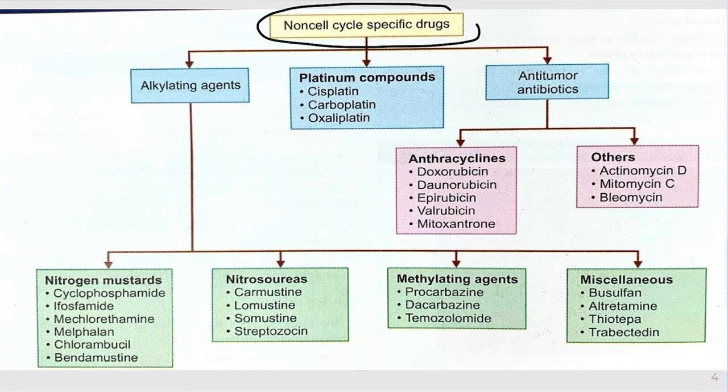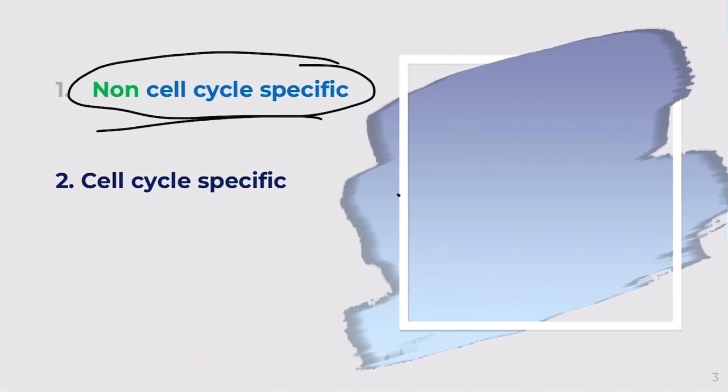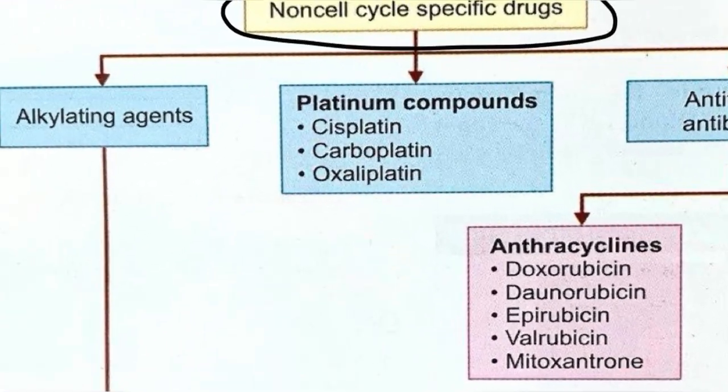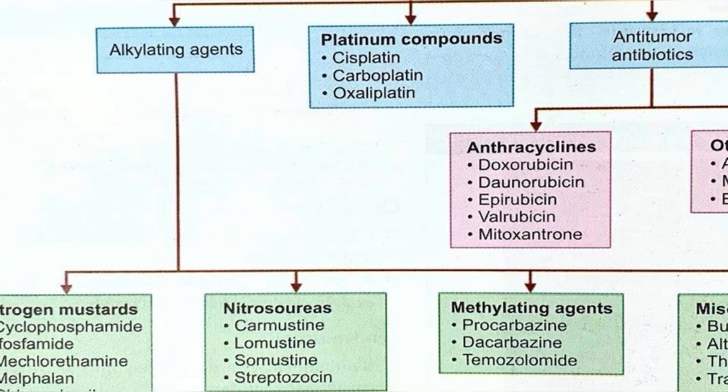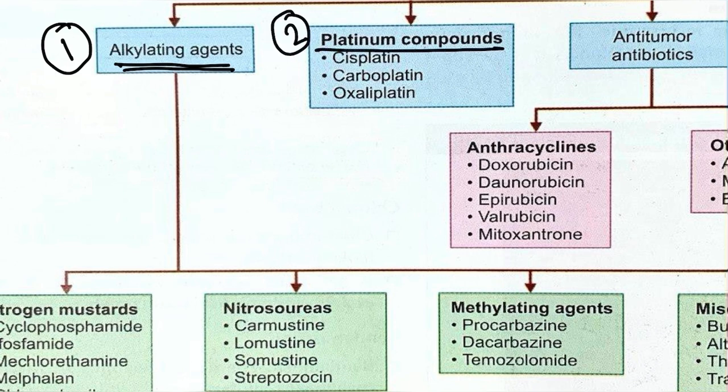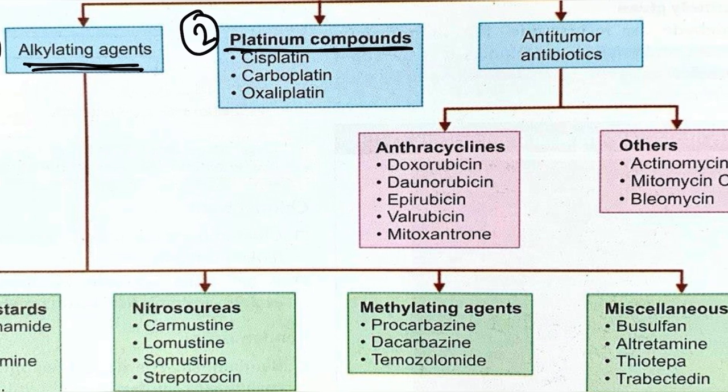Non-cell cycle specific drugs. So first I am discussing this class 1, non-cell cycle specific drugs. Carefully note the broad classification. Number 1, alkylating agents. Number 2, platinum compounds.